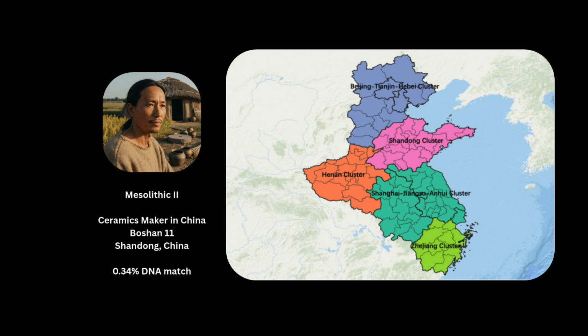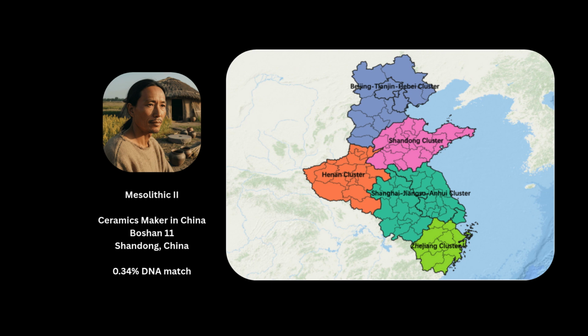The Neolithic turnover: genetic models show that during the Middle to late Neolithic, massive waves of millet farming populations from the Middle Yellow River Basin migrated eastward into Shandong. This caused a population turnover, diluting the original Boshan 11-like hunter-gatherer ancestry. Despite the turnover, his genetic profile did not disappear.